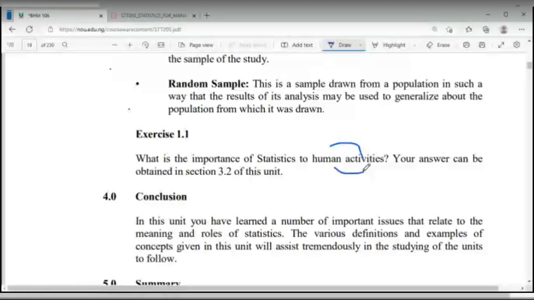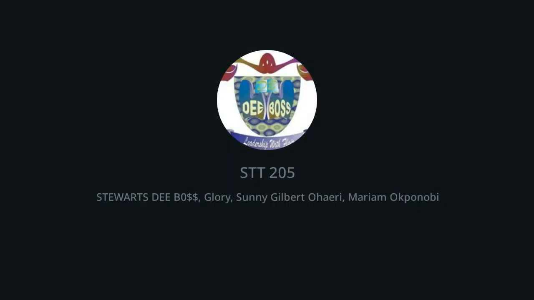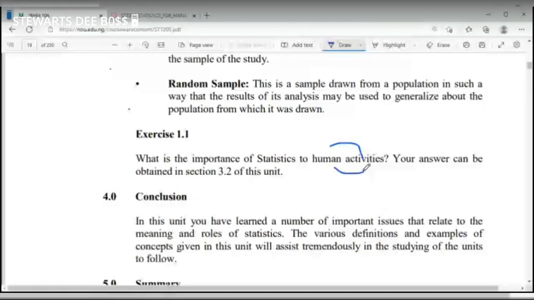In this material that I'm using, let me just read out what they have here and then explain. They said it is almost impossible and impractical for a researcher to reach the whole population. No doubt the best results are obtained if each and every item of our population is covered, but to be feasible and quick, researchers randomly select a part of the population, which is called the sample.